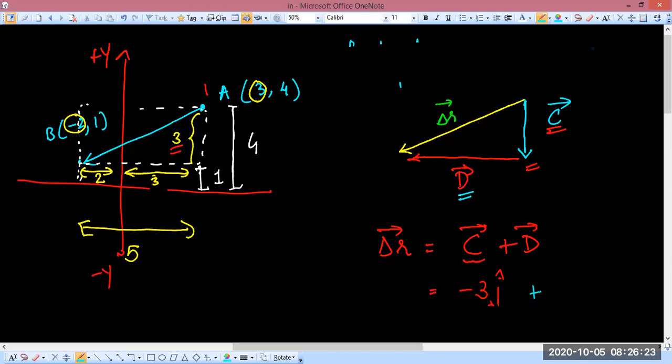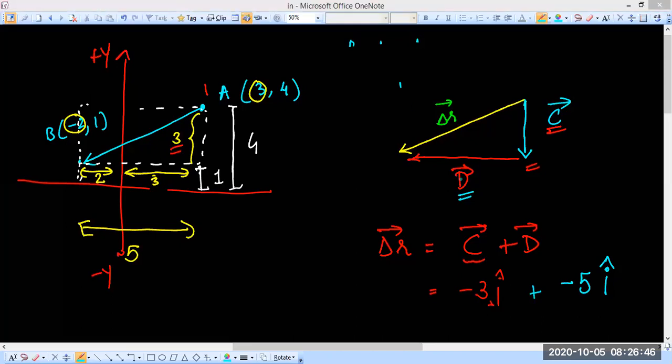No, Dikshita. Joy, it's not carrot, it's caret. The correct answer is -5 i caret. The correct answer is -5 i caret. Clear? I hope this minus sign is clear.